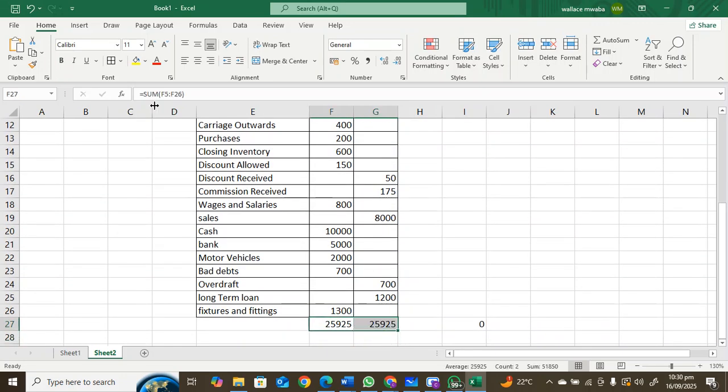Debit and credit need to be the same amount.